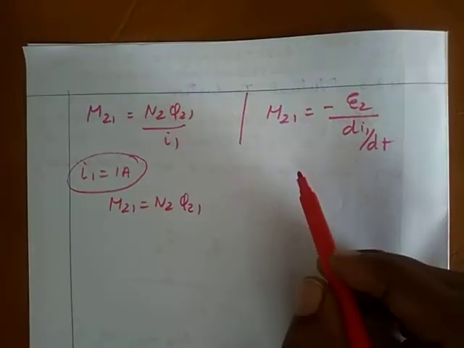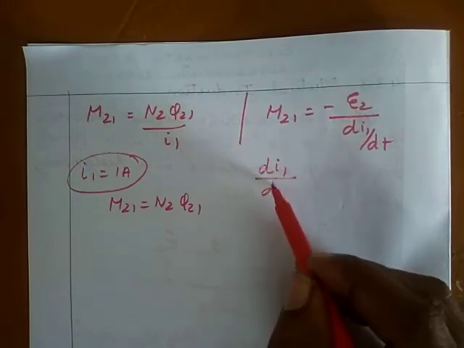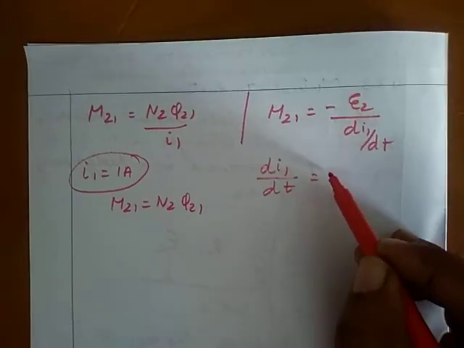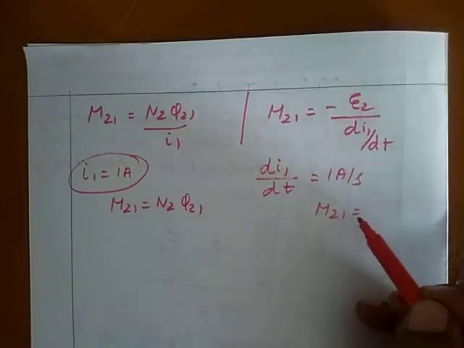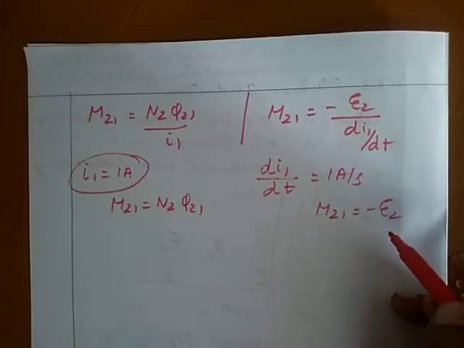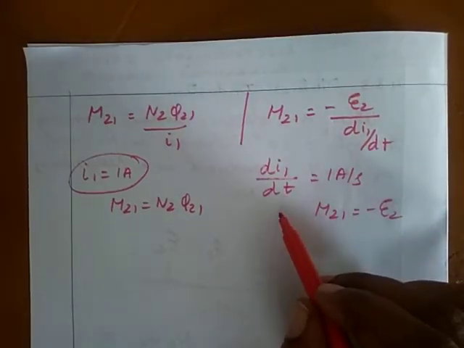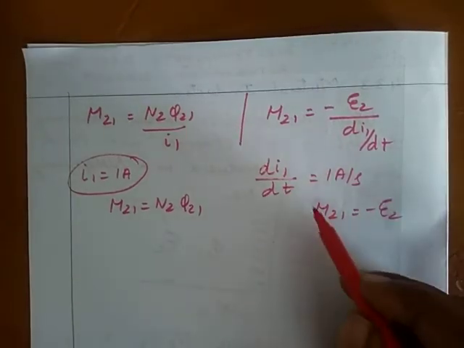Okay, for this one we can consider the rate of change of current in the coil 1 is equal to 1 ampere per second. For this case, mutual induction of the coil 2 with respect to coil 1 is equal to opposing EMF in the coil 2 when the rate of change of current through the coil 1 is 1 ampere per second.